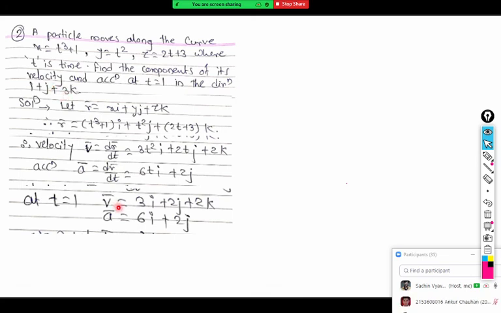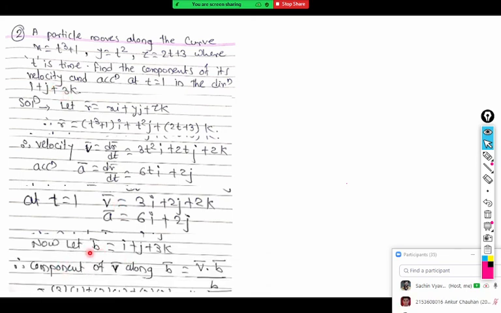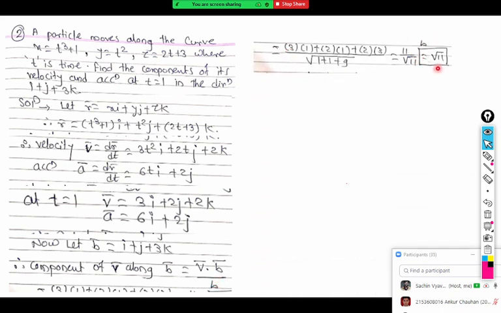That's the only formula. So I assume this vector as b bar, and the component of v bar along b bar is v dot b upon magnitude of b, and this gives us the answer, root 11. What is v dot b? It is 3 into 1 plus 2 into 1 plus 2 into 3, and that is written in the numerator. That is a1 b1 plus a2 b2 plus a3 b3, divided by the magnitude of b.